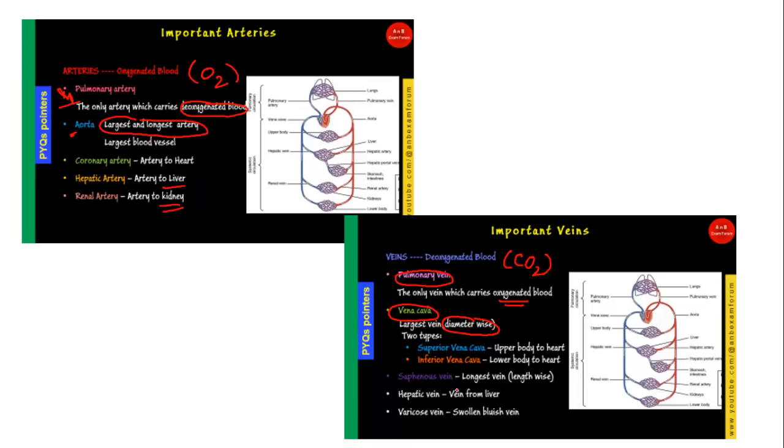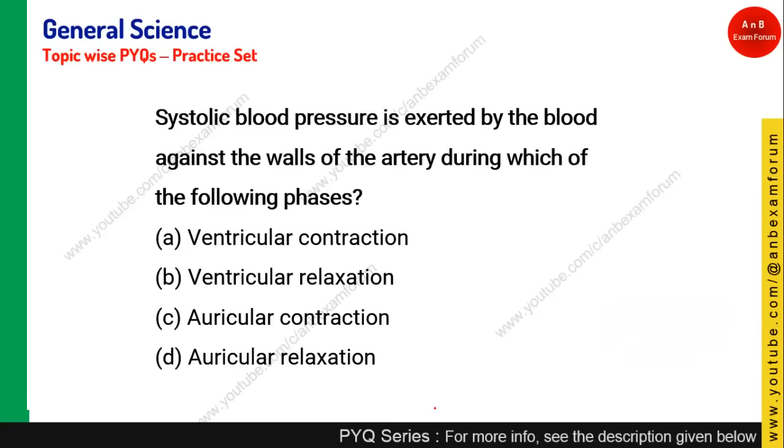And the saphenous vein is the longest vein lengthwise, and there are the hepatic vein and the varicose vein, which is a swollen bluish vein, if you find it. So these are the important arteries and veins that we have seen in our theory class. So I have revised these veins and arteries.